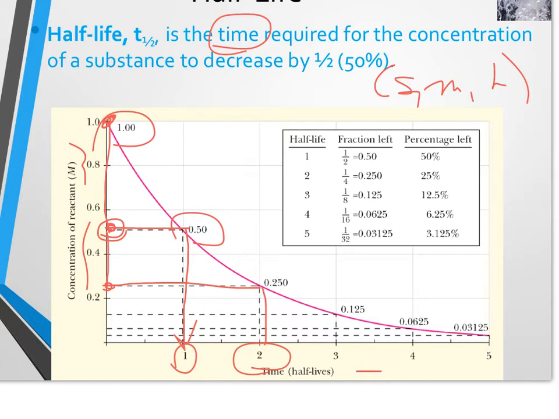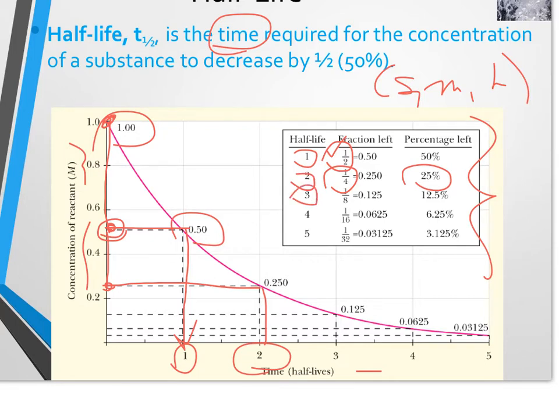It's also convenient to commit this little chart to memory. That's very helpful if you're stressed for time on a test. If one half-life has passed, of course, the fraction of original substance left is 50%, or 1/2. If 2 half-lives have passed, the fraction left is 1/4, or 25%. I'll do one more.